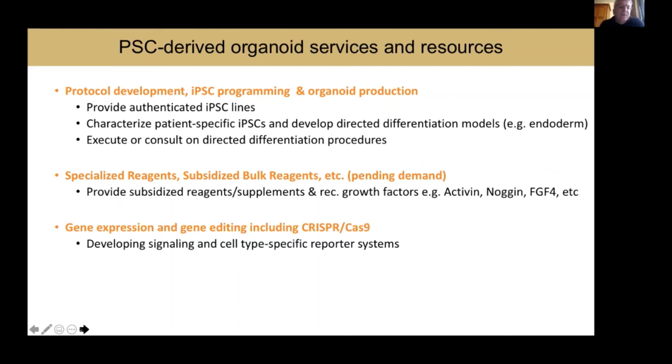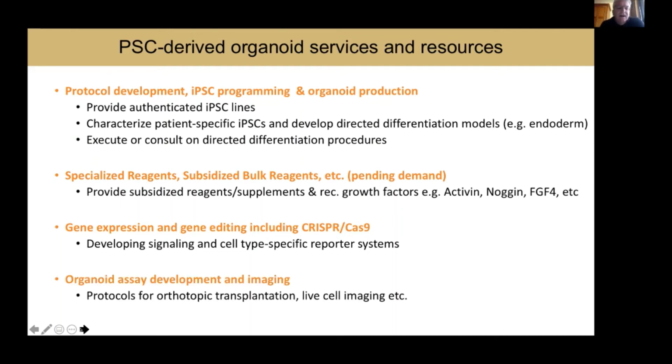We're also developing gene expression and gene editing, including CRISPR, in the system, and I'll get into more information about why we're doing that. And in the future, we're very interested in optimizing primarily orthotopic transplantation and also some live imaging with these organoids.